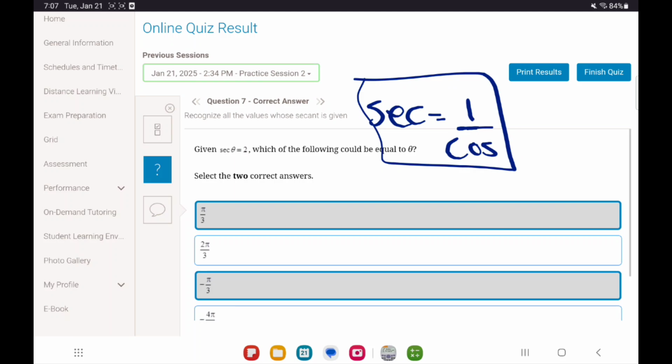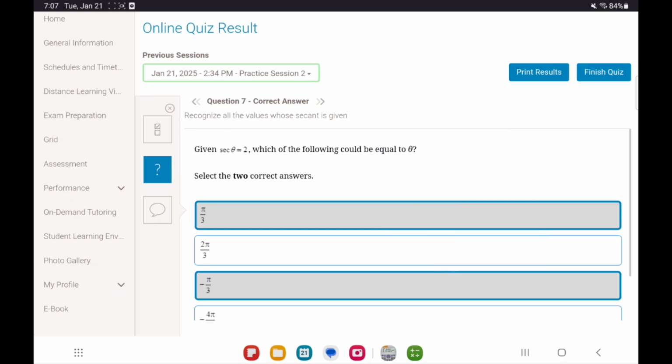Like I said in the other video, if you don't know how to shift around stuff, just memorize it. Cosine is also 1 over secant. Here our secant is 2, so cosine will be 1 over 2. Let's remember that.